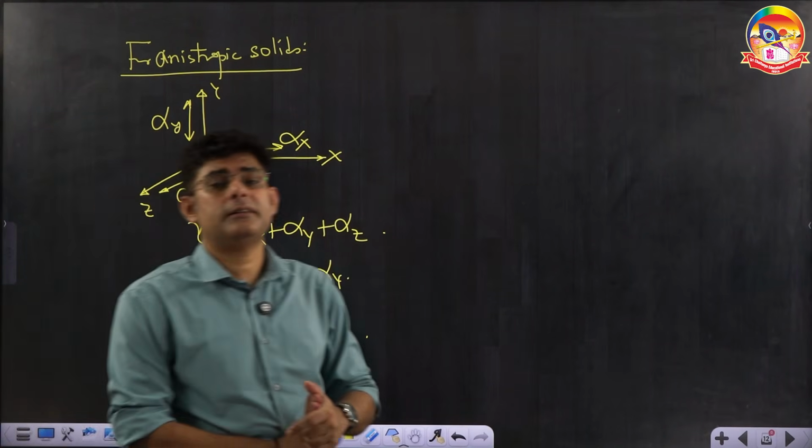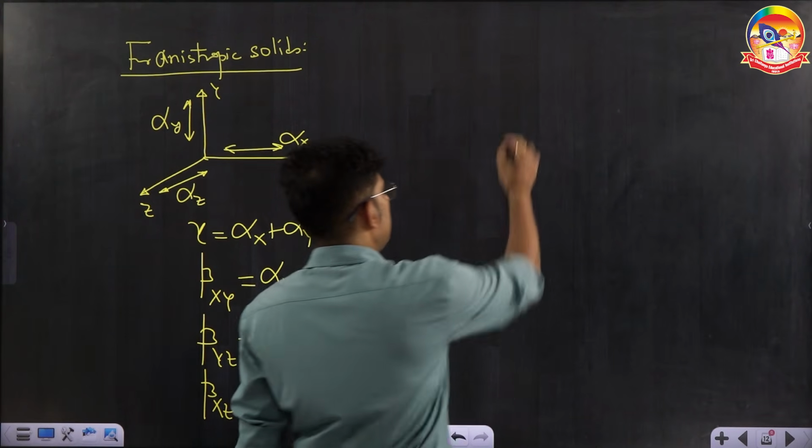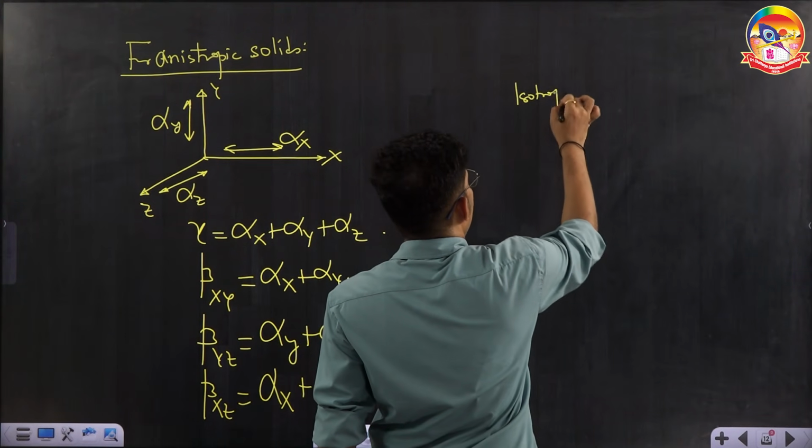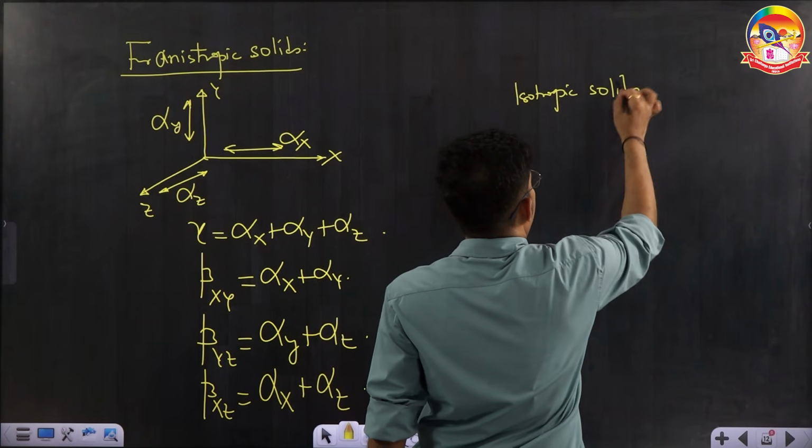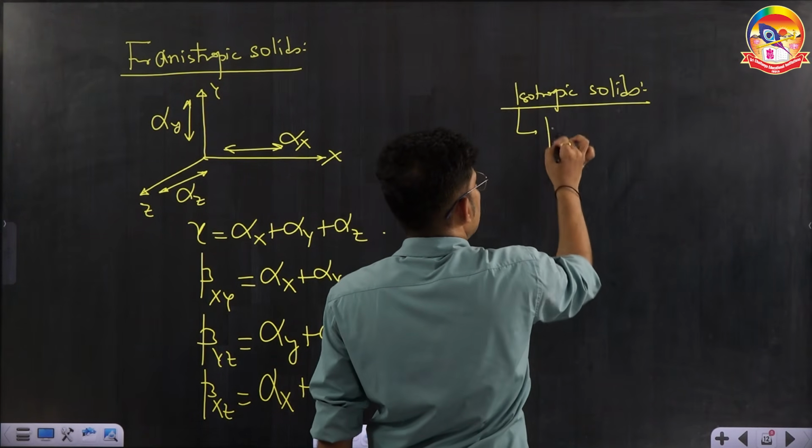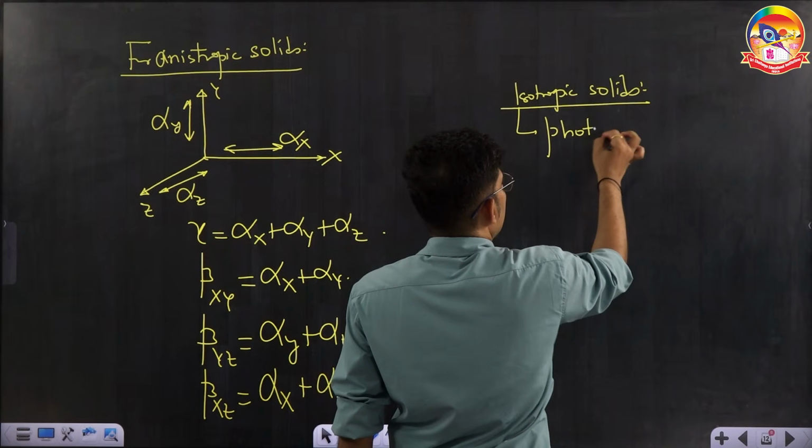For isotropic solids, it is just like photographic enlargement. Remember this, when we have isotropic solids, since alpha is the same, it is just like you zoom in or zoom out a photograph.